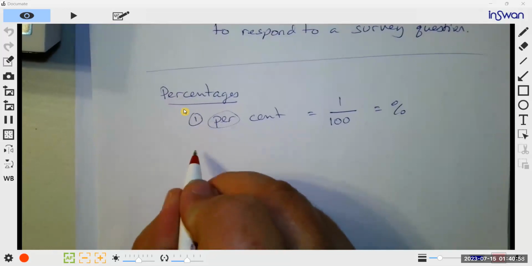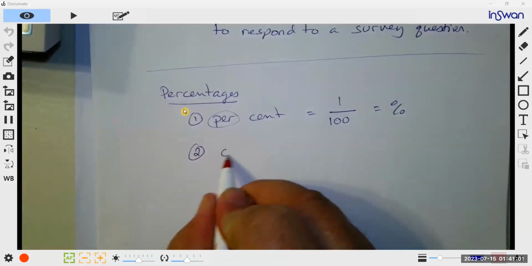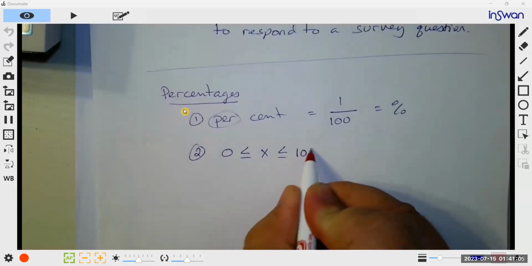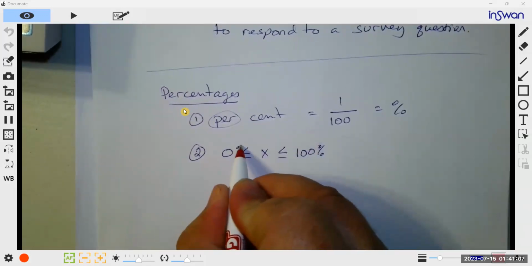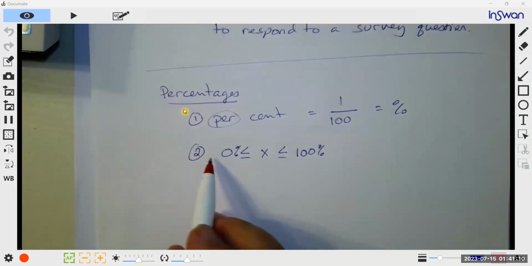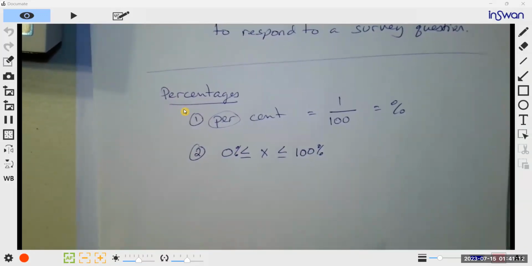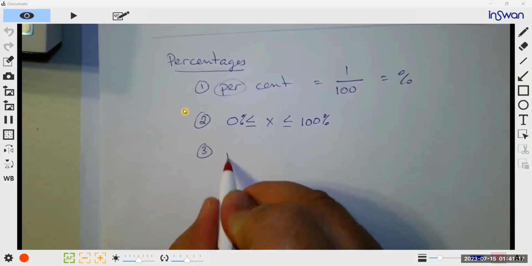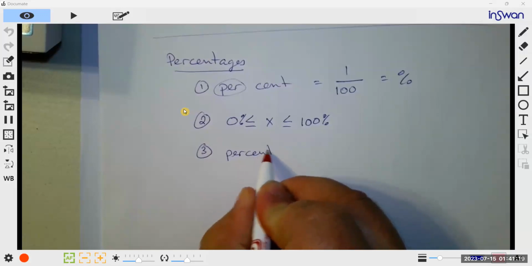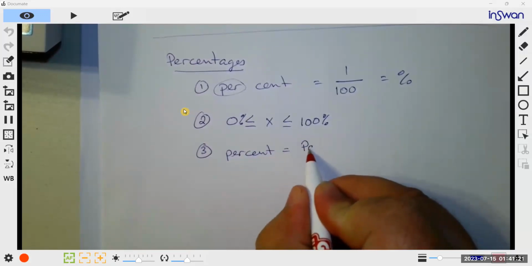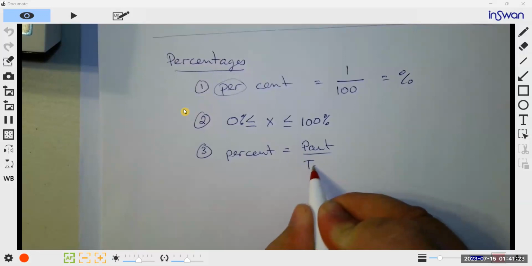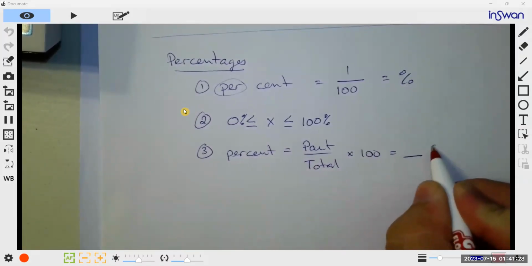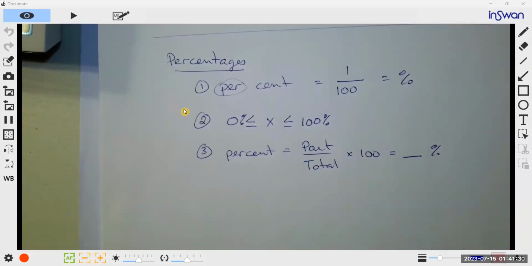In percentages, you can only go between 0 and 100%. You can't have less than 0. You cannot have more than 100%. Percent is equal to part over total times 100. And that's going to give you your percent.